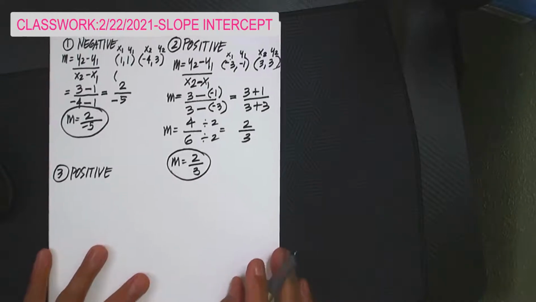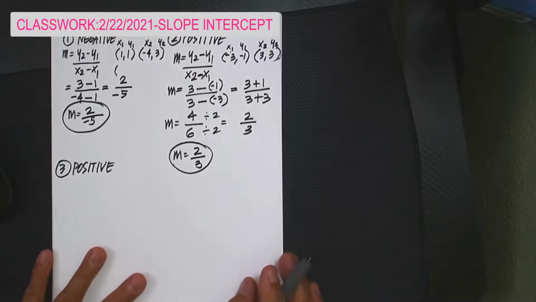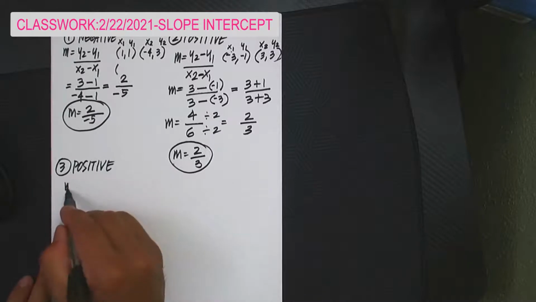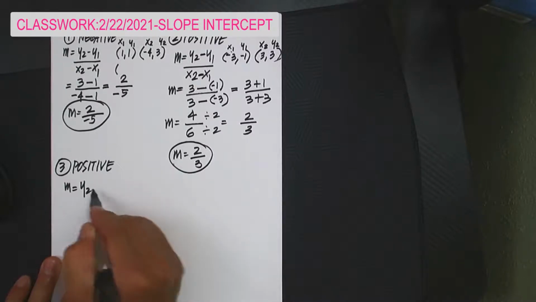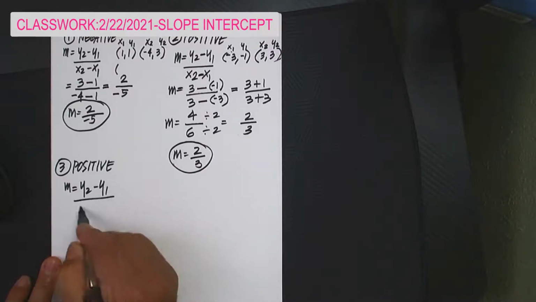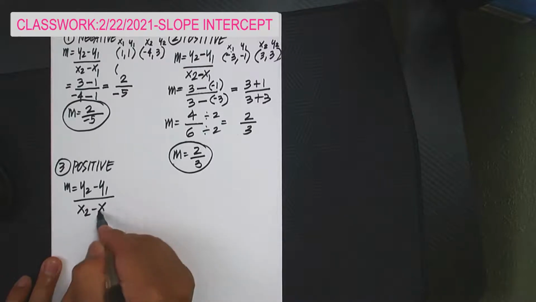Next, number 3. The formula is y sub 2 minus y sub 1 over x sub 2 minus x sub 1.